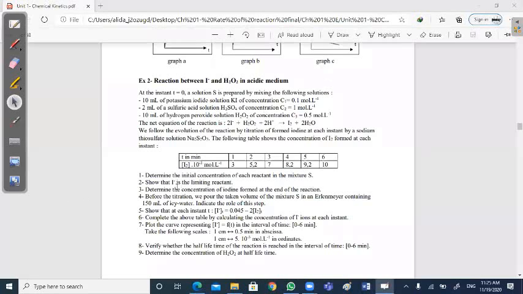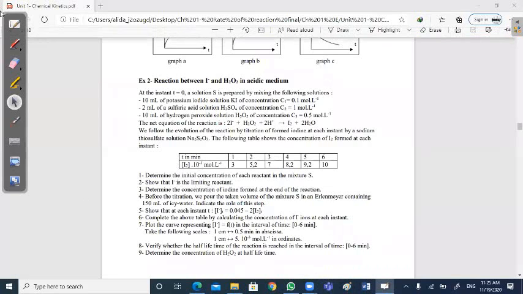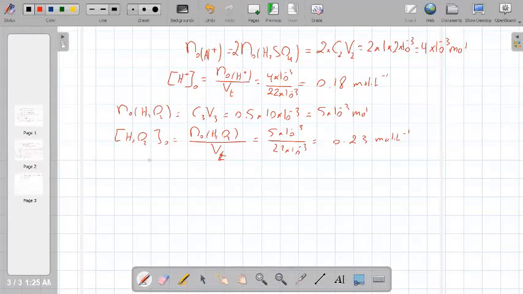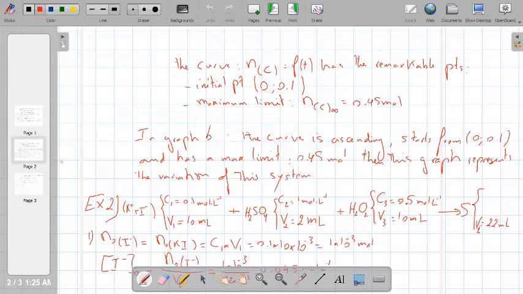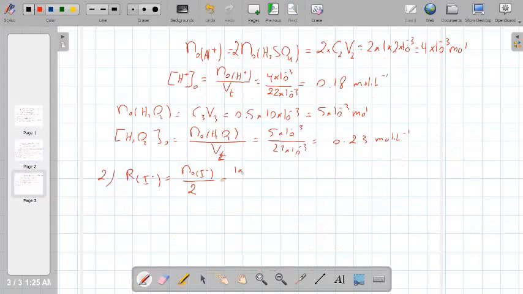2. Show that I minus is the limiting reactant. For this, we should calculate the ratio for each reactant. Ratio of I minus equals N0 of I minus over stoichiometry 2. N0 of I minus, we have calculated, equals 1 times 10 minus 3, over 2 equals 5 times 10 minus 4.